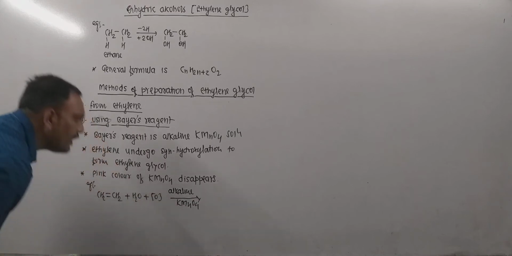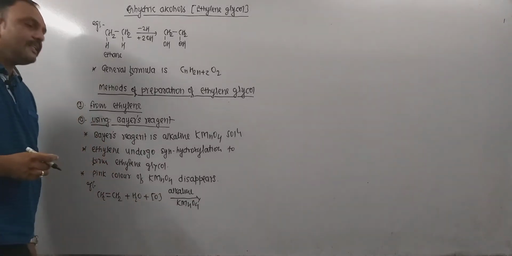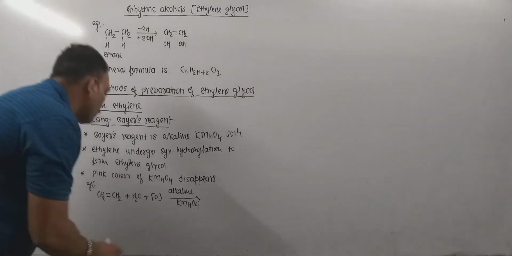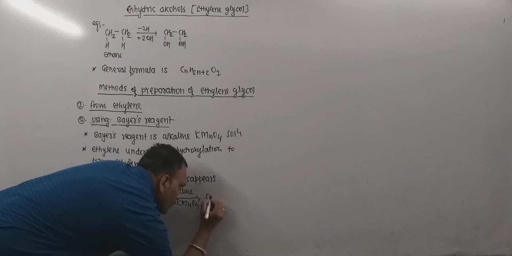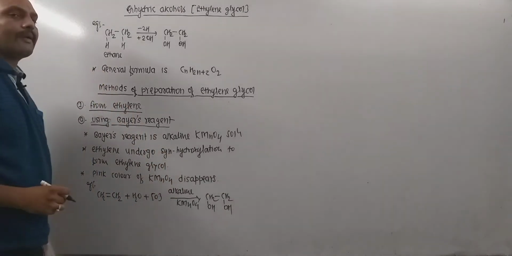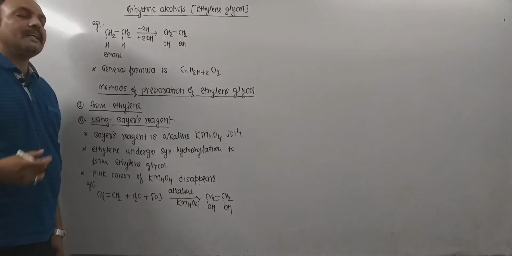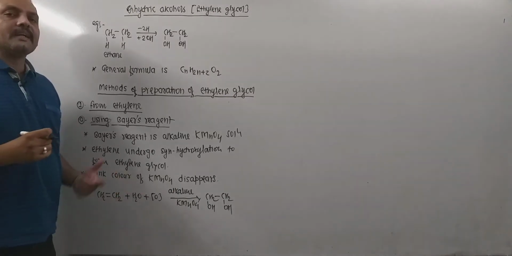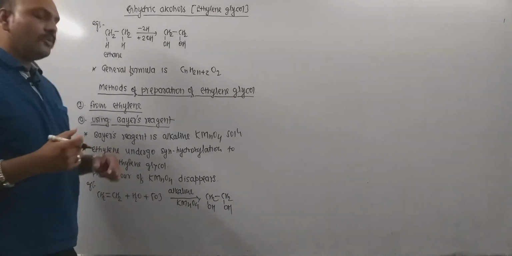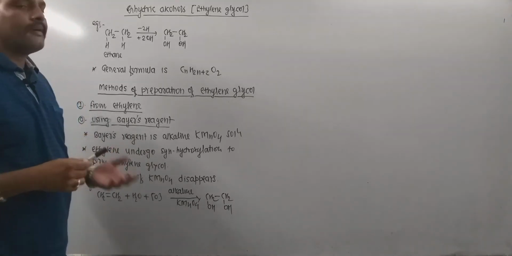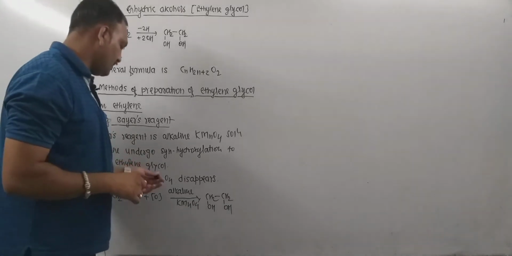We know very well KMnO4 is a potent oxidizing agent, so it undergoes reduction providing nascent oxygen, and thereby syn hydroxylation takes place, and that leads to the formation of ethylene glycol. In this way ethylene glycol can be produced, and secondly this reaction can be used as a test to identify the presence of unsaturation in a compound under the name Bayer's test.